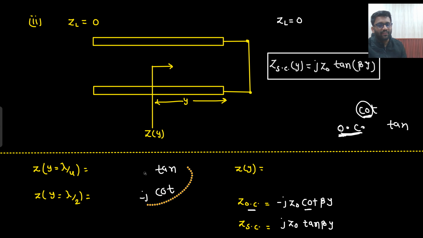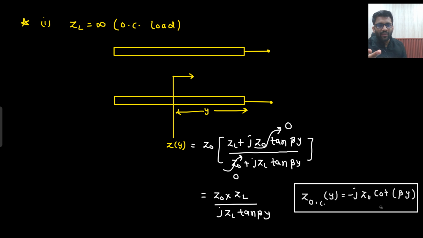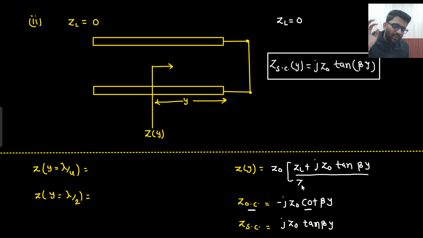But your examination is after 11 days only, so you might not have enough practice. So you can derive it in the examination very easily. But if you are deriving it, you need to remember the formula of ZY, that is Z0 into ZL plus J Z0 tan beta Y upon Z0 plus J ZL tan beta Y. So this is the formula of ZY.